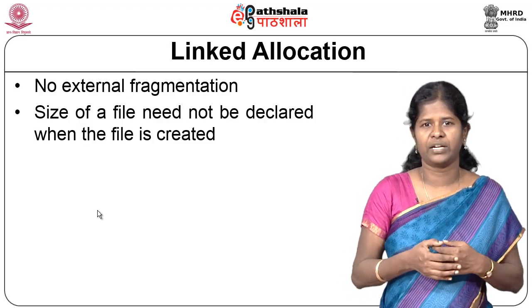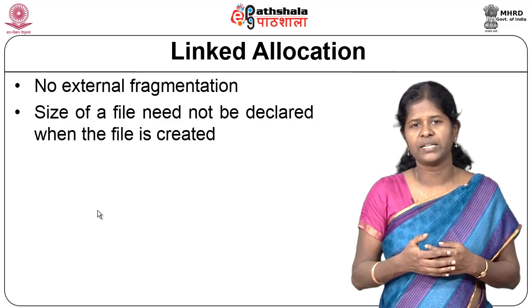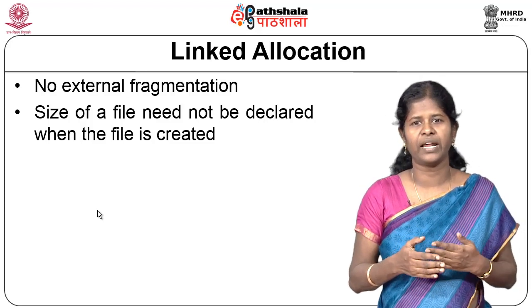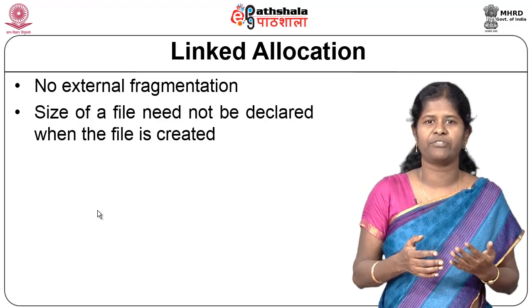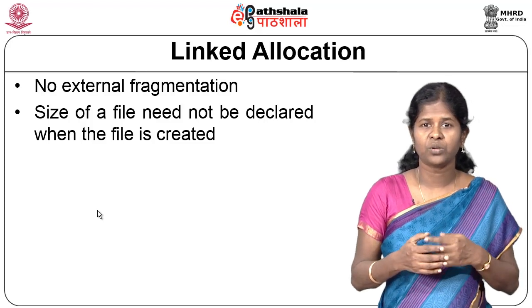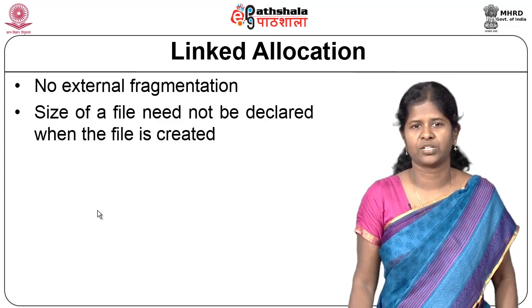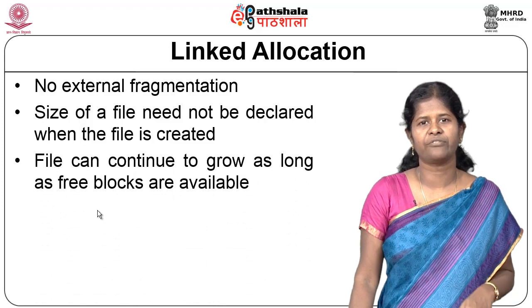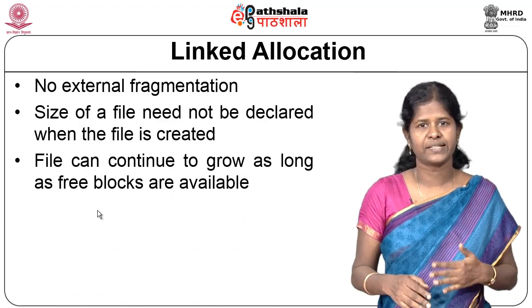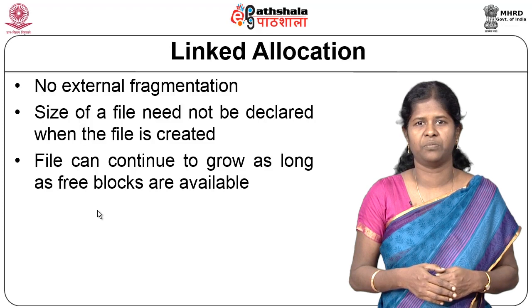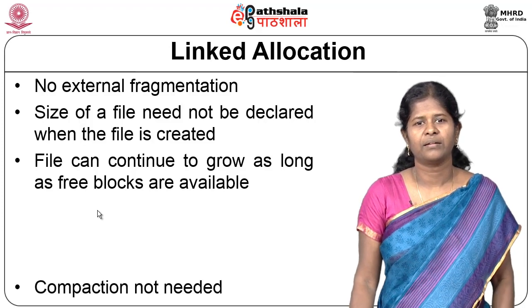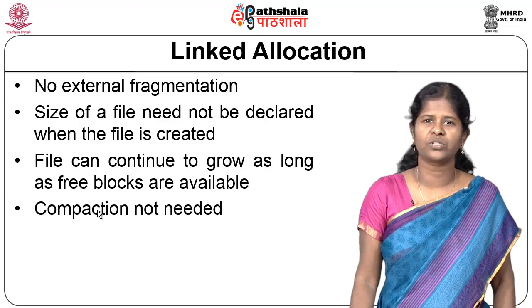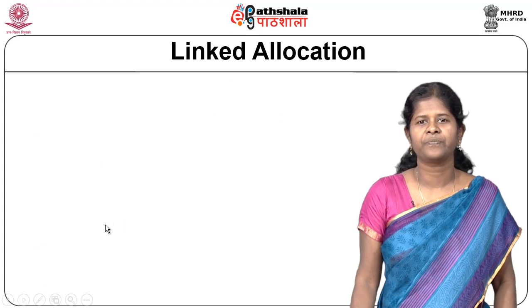So, that is an advantage. The second advantage is that the size of the file need not be declared when the file is created, but you need to know that in the case of contiguous allocation. And the next is the file can continue to grow as long as free blocks are available, and compaction is not needed because you do not have fragmentation.